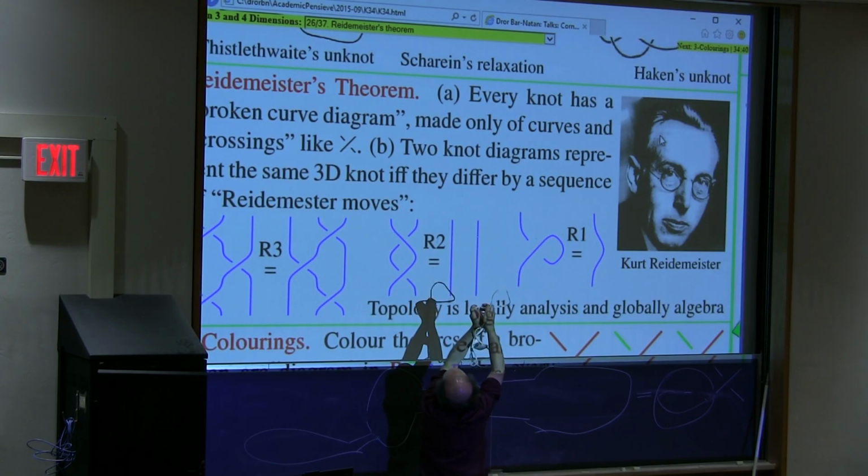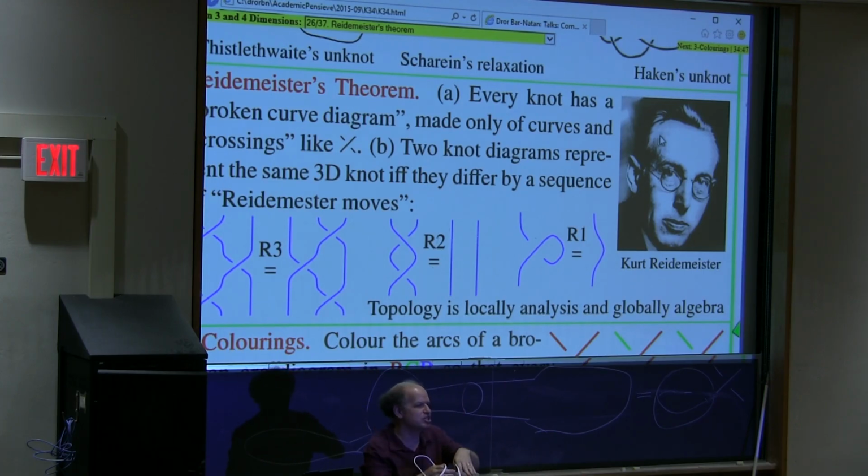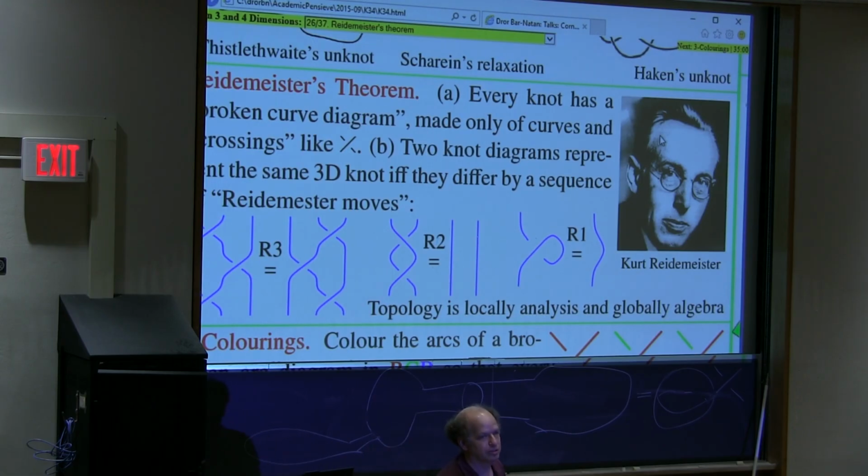I don't know if you can see, but there is a point there where 2 points cross. You can deform it if you make it generic enough, random enough, so that at most 2 things will cross at any point in the projection, and then one is above and one is below, so you can use a broken curve diagram to represent this knot.